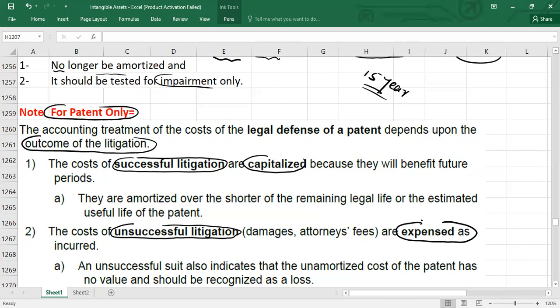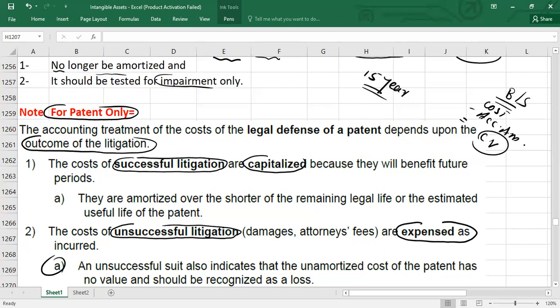Please remember another note here. If you are unsuccessful in defending your patent, it means whatever you have in your balance sheet, the cost of patent minus accumulated amortization, for example, this is your carrying value.